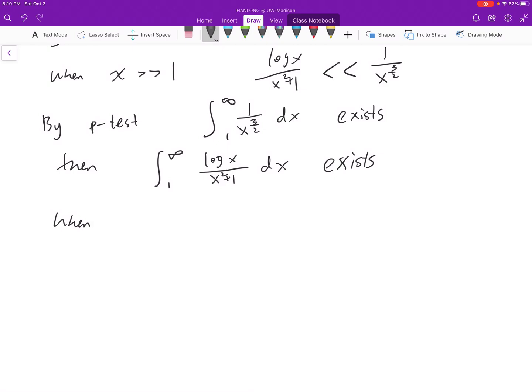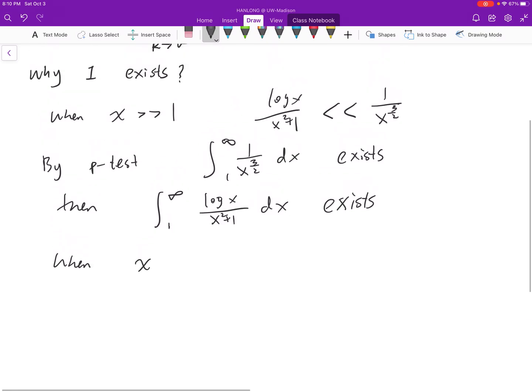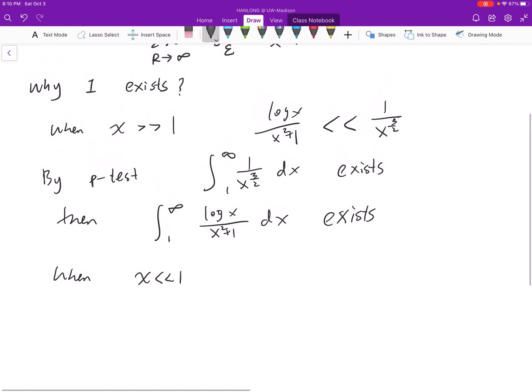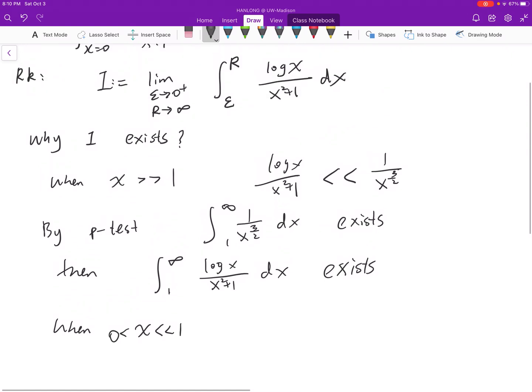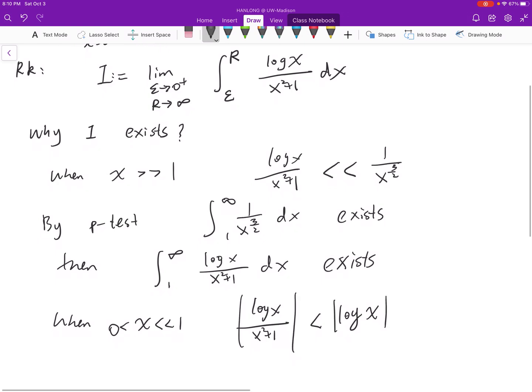And also note that when x is pretty close to 0, log x over x squared plus 1 is bounded by the absolute value of log x.